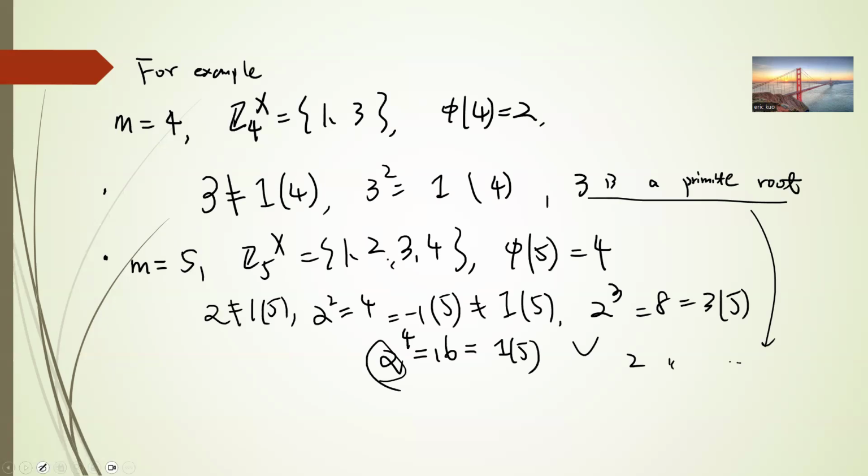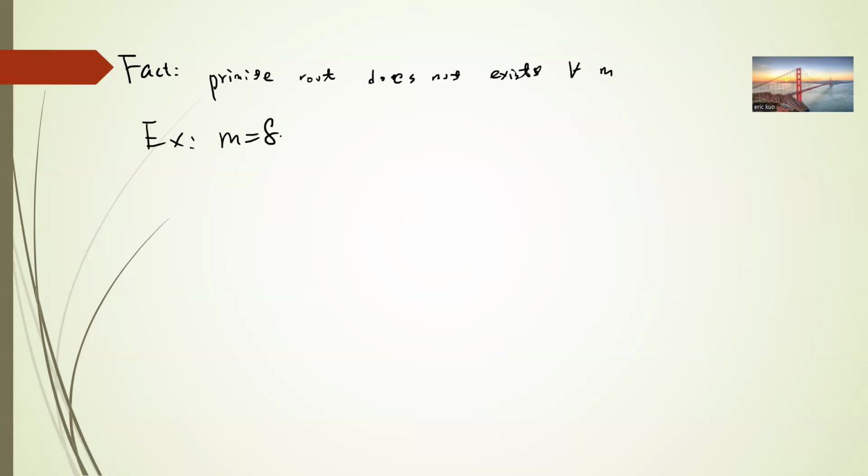Notice that a primitive root does not necessarily exist for all m. For example, let m be 8.